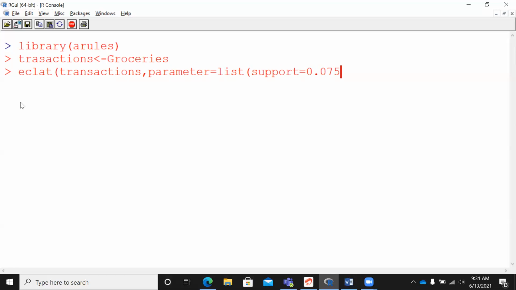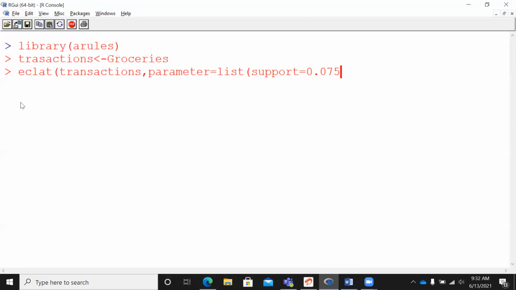Now, if you relax this number, if you provide a lower support value, you can see a lot of frequent item sets being displayed. On the other hand, if you're slightly more aggressive with this number, higher the support, naturally you see fewer items being shown to you at a later stage. So please feel free to experiment with this support number.